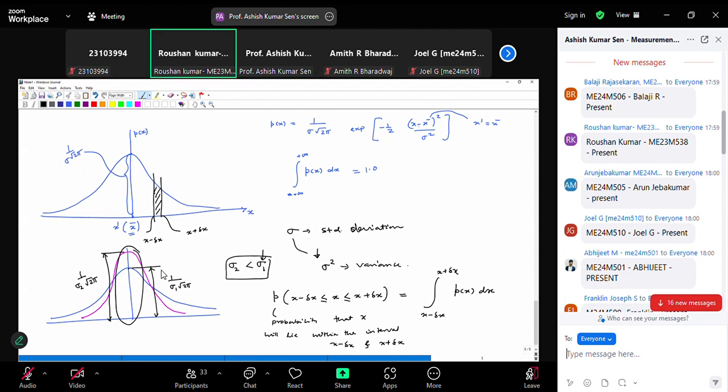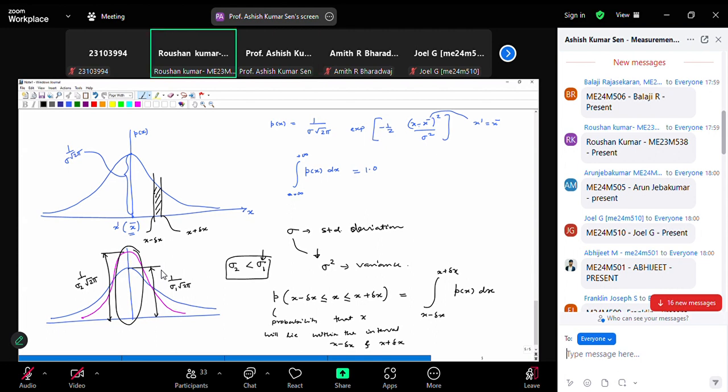Sir, I have a query. You told that in this picture we have drawn two curves showing standard deviation as sigma 1 and sigma 2, and that the standard deviation should be less, right? Yes. When the standard deviation is small, the height of the curve goes up.